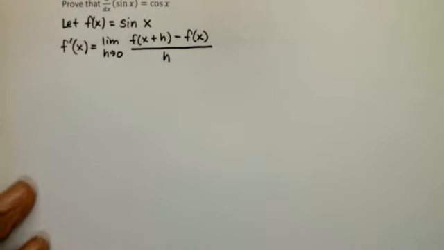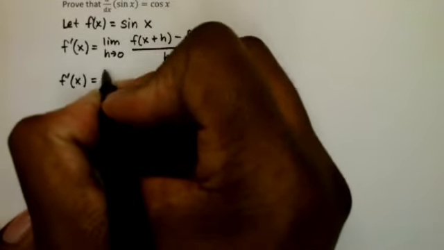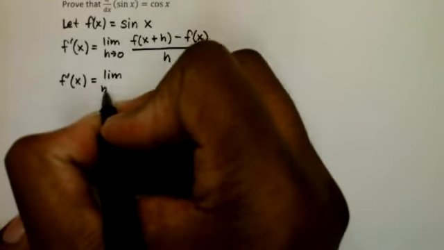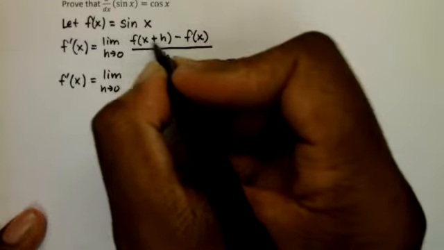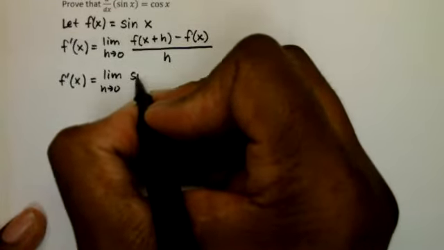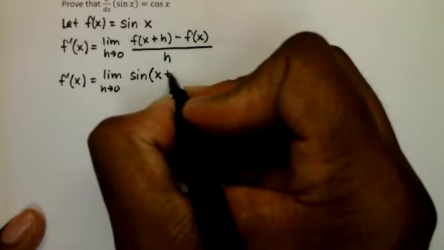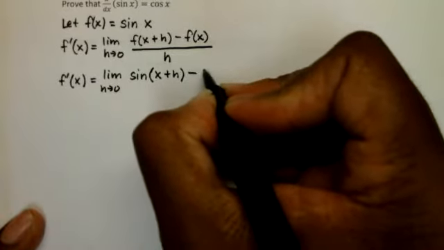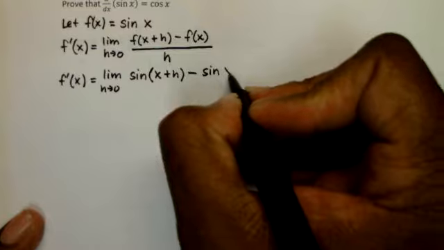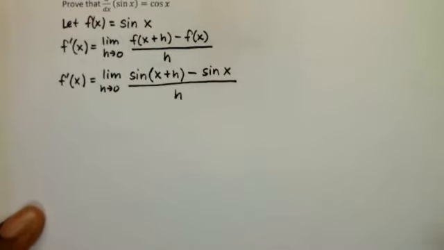And then we do our substitution here. F prime of x would be this, the limit as h approaches 0 of f of x plus h. I'm just going to replace that x in sine of x with the x plus h. So it'll be sine of the quantity x plus h minus f of x, which is the sine of x, all divided by h.